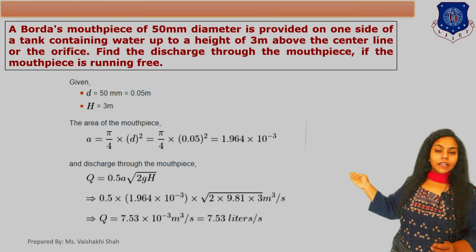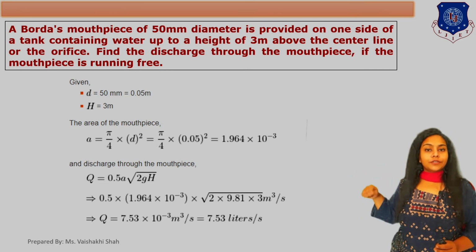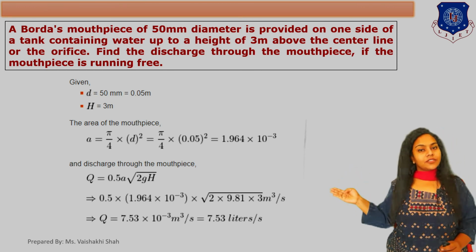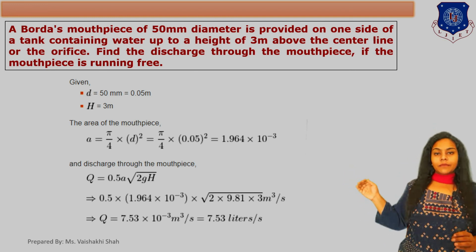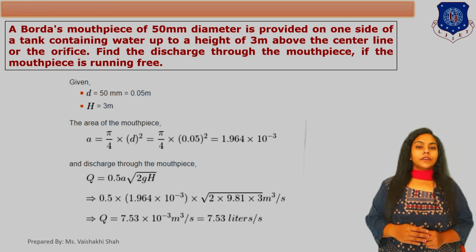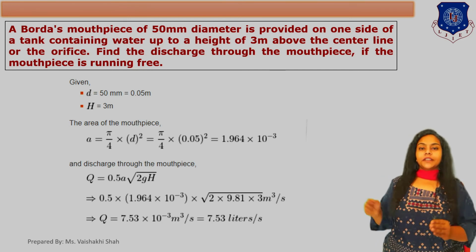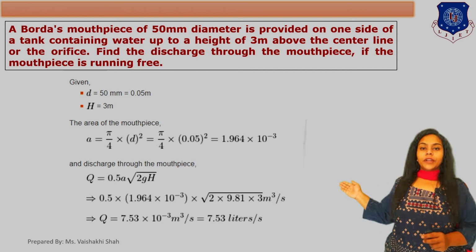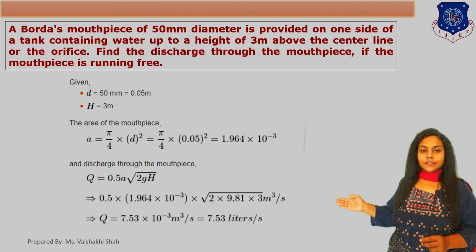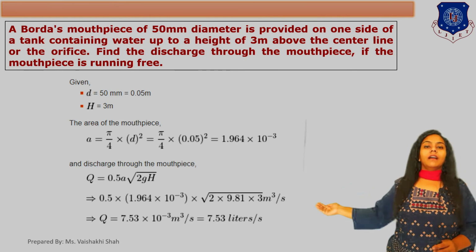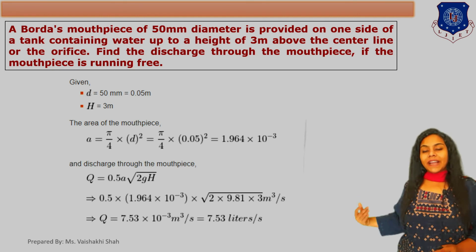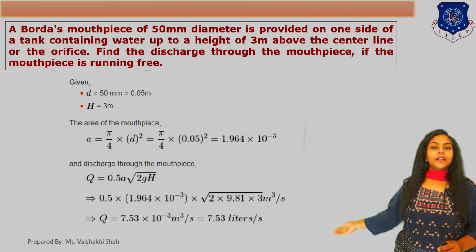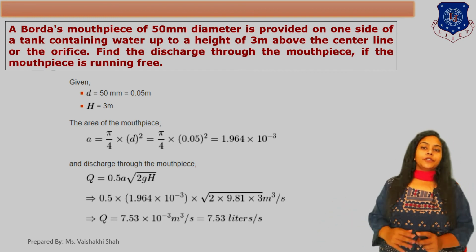So placing the values in the equation, Q equals CD into area into under root 2gH, which is velocity. So CD 0.5, area that is 1.964 into 10 raised to minus 3, into under root 2 into 9.81 into 3, that is your H. By solving these values in calculator, you get the final answer for discharge Q as 7.53 into 10 raised to minus 3 meter cube per second.